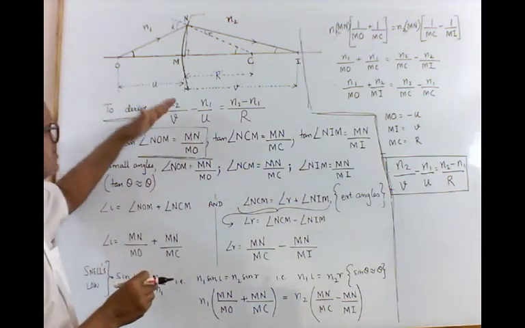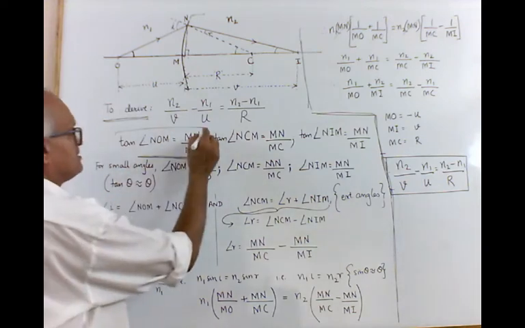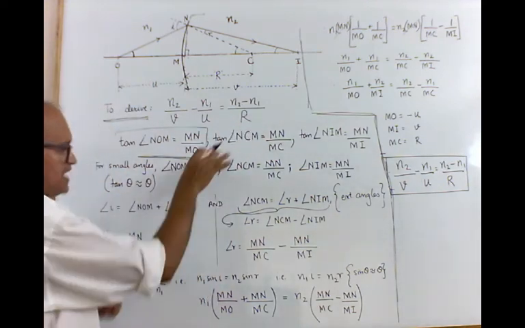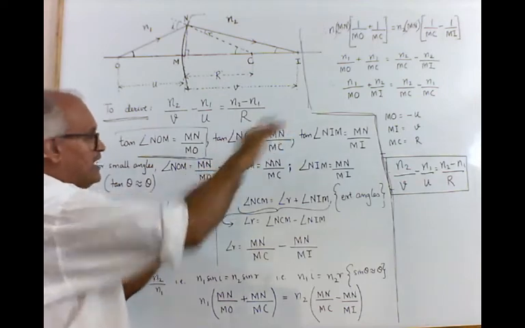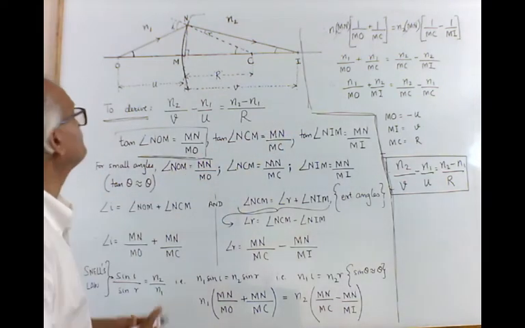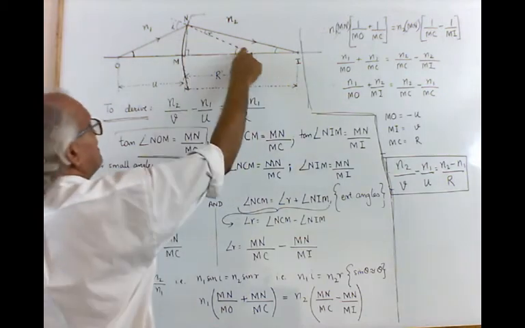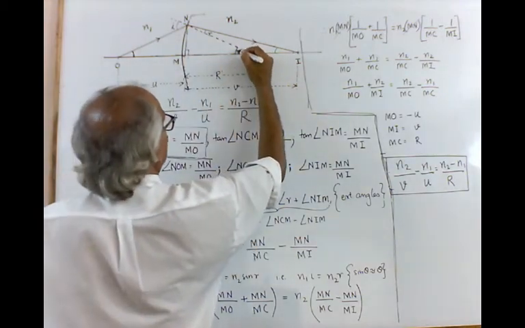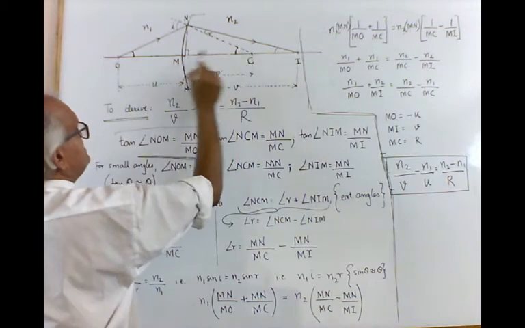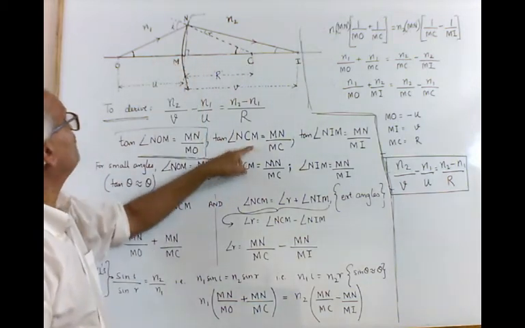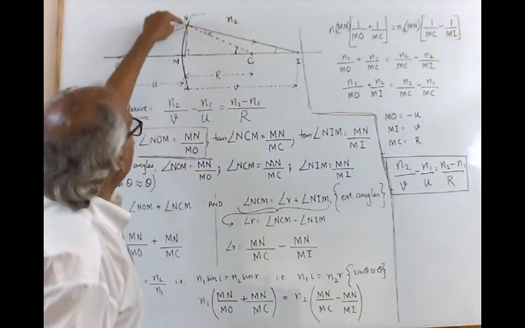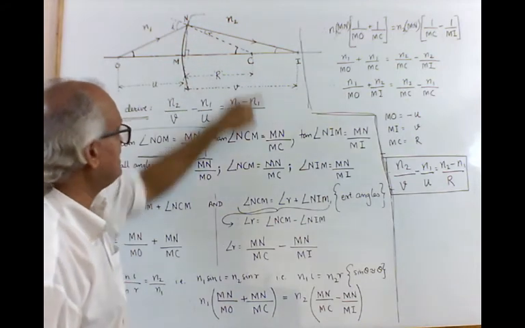As I finish discussing something, I will start blocking it out so that you can keep focusing on what we are going ahead with. Then next, tan angle NCM, this angle that you see here: tan angle NCM will be opposite side MN upon adjacent side MC.